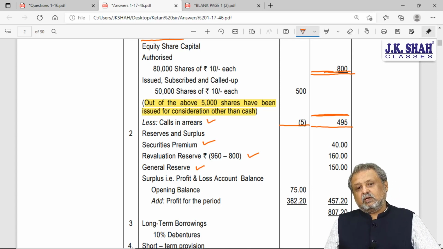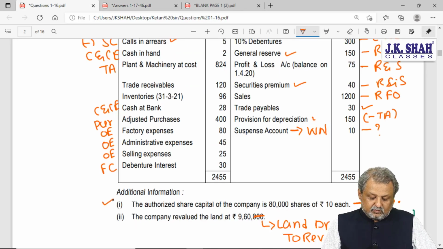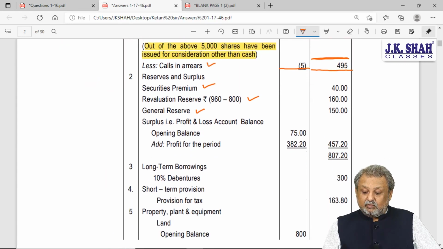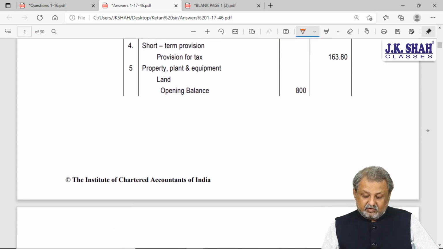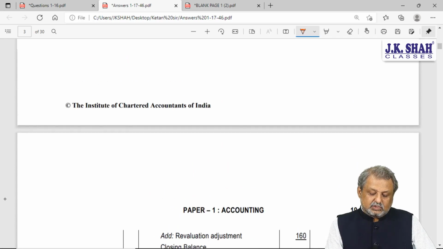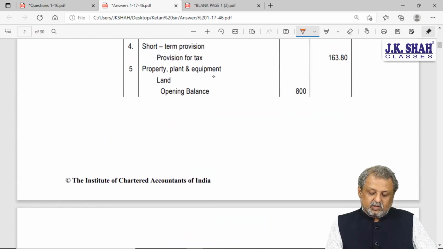Now if you can remember that and do it later, it is well and good. Or my suggestion is, you first write down all the note numbers, leave 5, 6 lines in between, so that you can give effect to adjustment for revaluation reserve. The second adjustment you want to give the effect. So you write down land at cost in tangible asset. If you have already left lines, then you can straight away in the tangible asset, property, plant and equipment, write land.